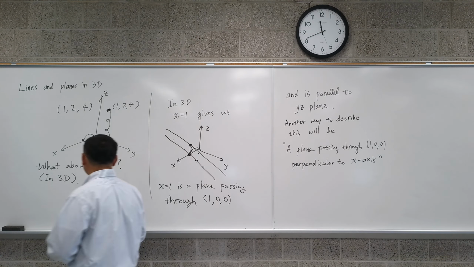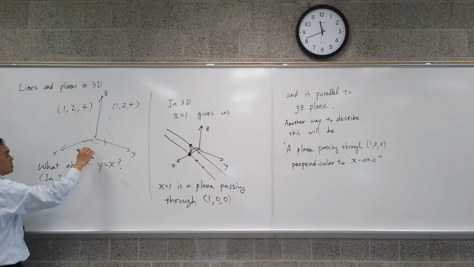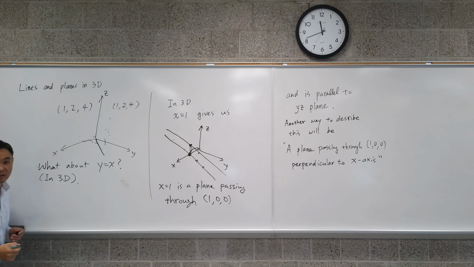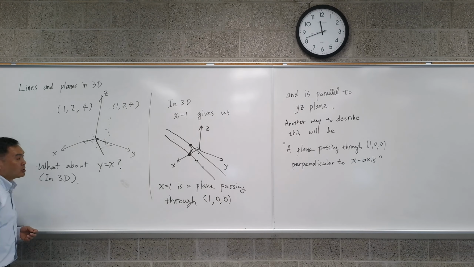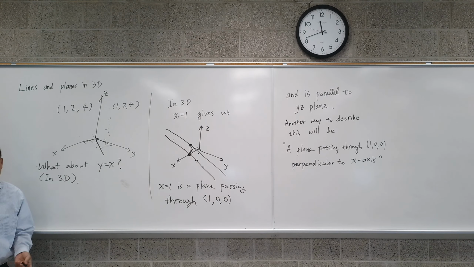Definitely, if I look at it in this 3D, y equals x will contain all these lines, right? Here I'm saying that these two lengths are the same, okay? X and y coordinates are the same. But this doesn't say anything about the z. So z could be anything, right?